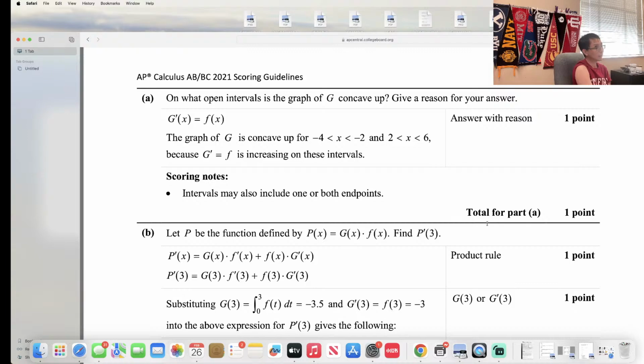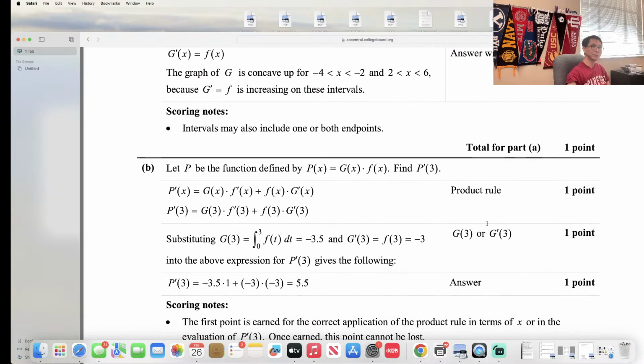Or either one? I think you need to specify more what is greater than 0. B is a product rule. P prime of 3 is going to be the product rule between those two products.